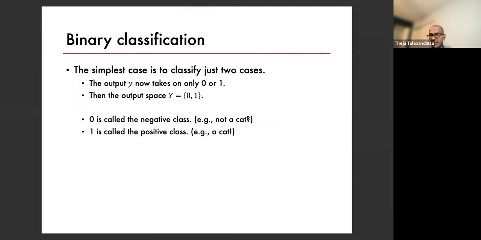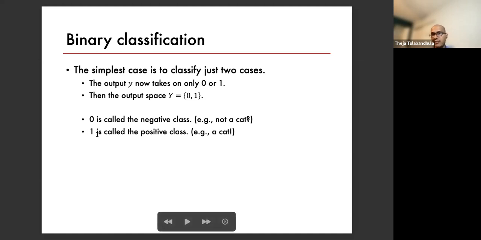We'll start with the simplest case, which is the binary classification that we saw in the previous illustration. So there are two cases. The output y only takes two values, class A versus class B. In fact, we will say class A is 0 and class B is 1. So we're going to give them explicit numbers. Let's say class 0 is called the negative class, and class 1 is the positive class.